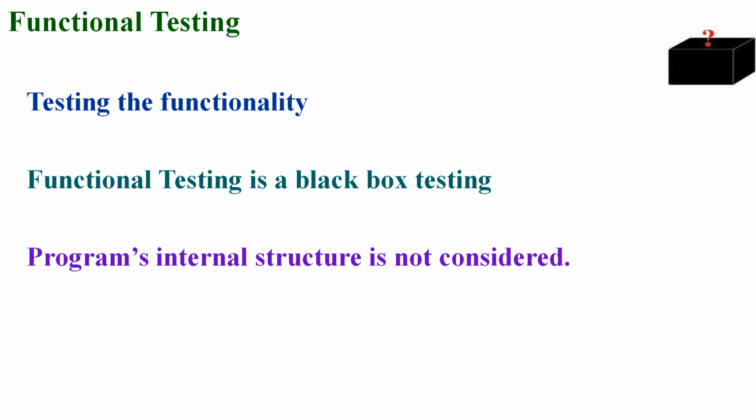They won't bother because that is not their responsibility. As the software test engineers do not consider the internal structure of the code for that particular functionality, this is called black box testing. Right? Now see here.